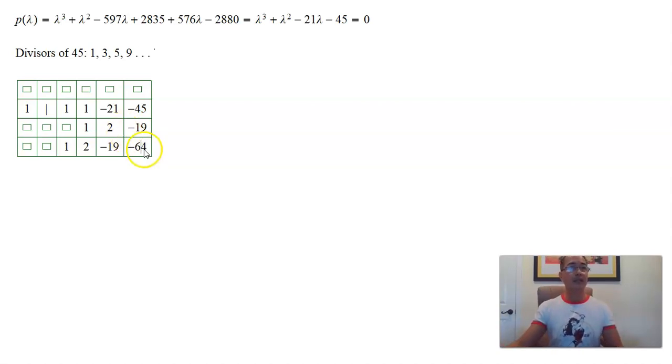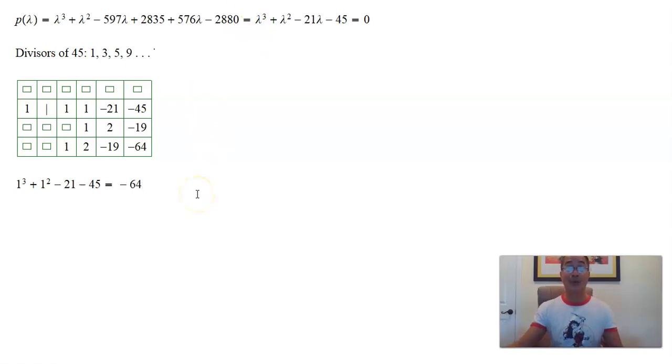So that negative 64 actually has a meaning. Where do we see it? Well, here's our polynomial. What if we replaced lambda with 1? 1 cubed is 1. 1 squared is 1. Minus 21 minus 45. And guess what?